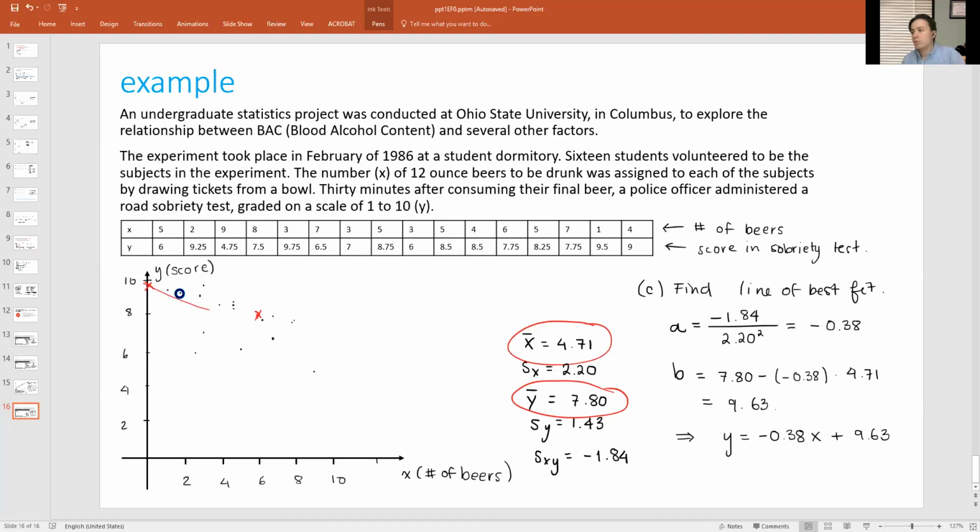Hopefully you get that. Please don't. I'm sorry about that. Okay, so we found that B was equal to 9.63. So my line has to go through 9.63 and 4.71 and 7.8.